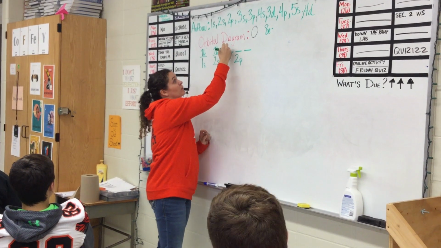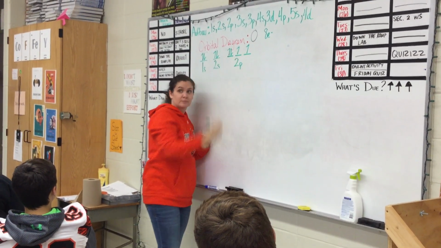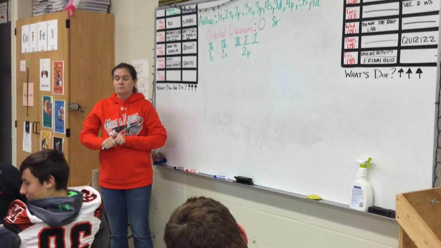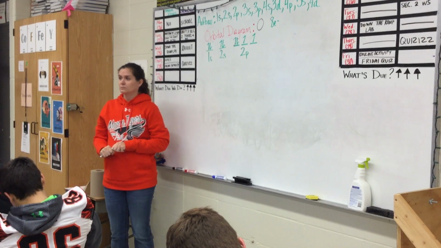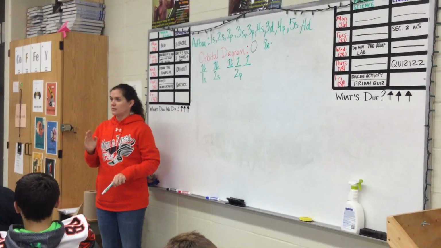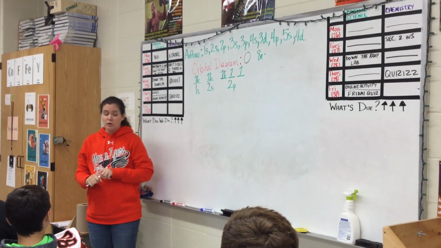So you're going to go 5, 6, 7, 8. One in each equal energy before you add the second. So there's your orbital diagram.